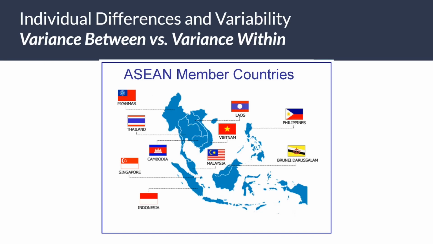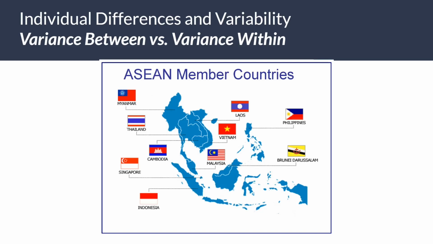However, in group 1, all of them drank iced coffee, but remember, even without coffee, some people are more alert compared to others. And that's variance inside the group, or another word for inside is within. So the differences among the members of group 1 is what we call variance within, and that is an extraneous variable.